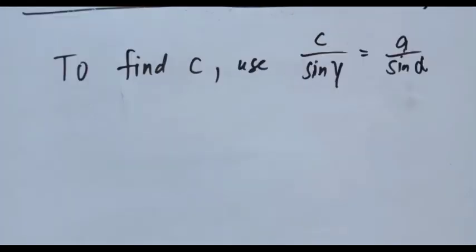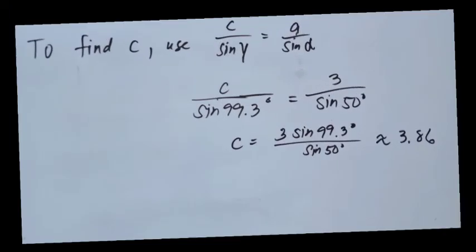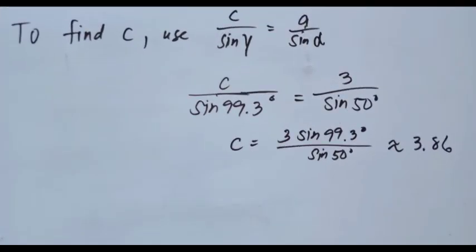Now to find c, we will use c over sine gamma is equal to a over sine alpha. Substituting the values that we have, c over sine 99.3 degrees is equal to 3 over sine 50 degrees.